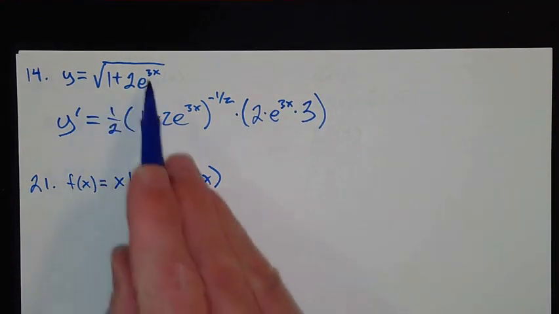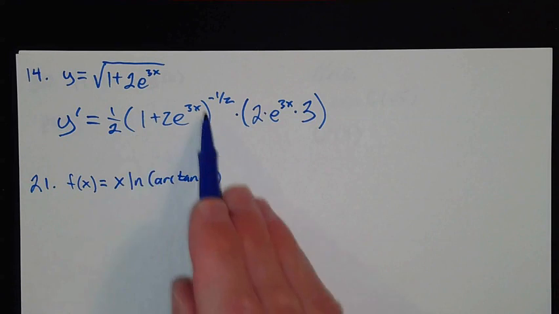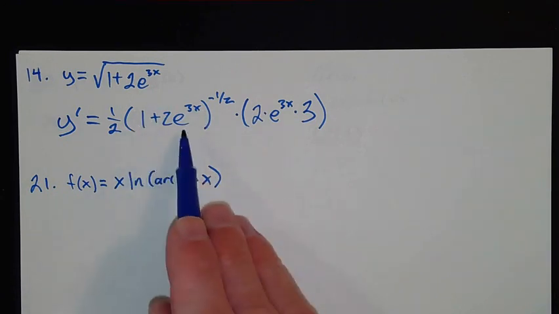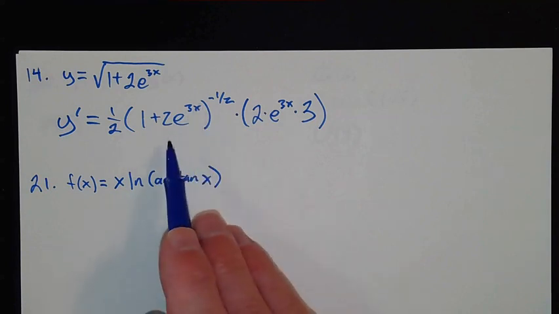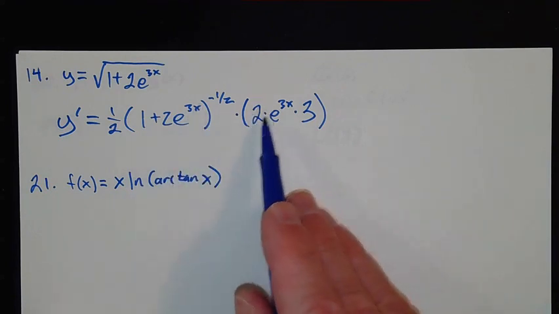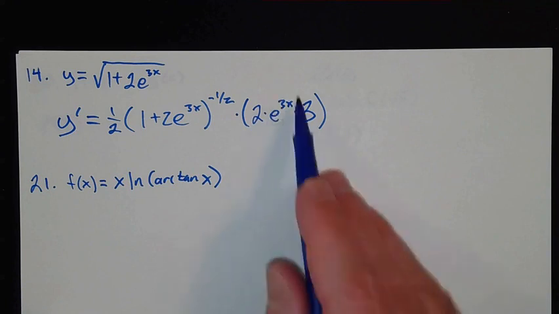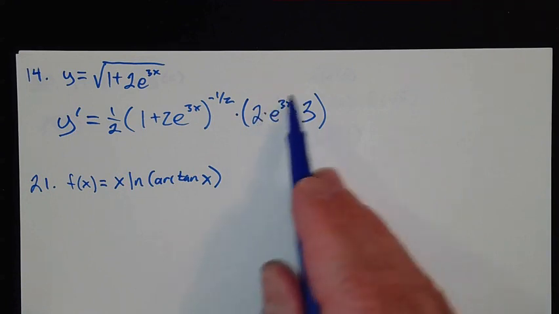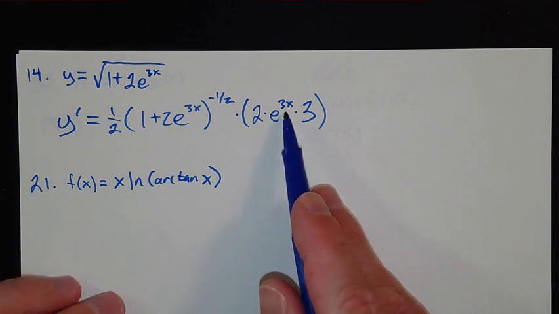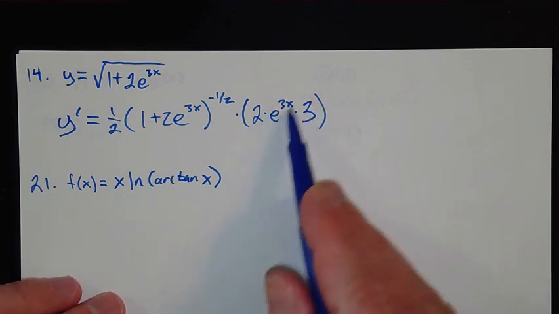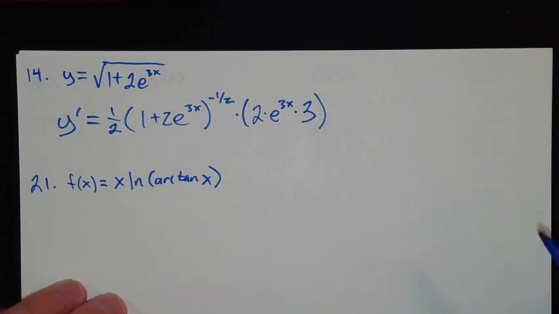So the first stuff inside is this 1 plus 2 e to the 3x, and then the derivative of a constant plus a constant times e to the 3x is just 2 times the derivative of e to the 3x, which is e to the 3x. I mean, the derivative of e to the whatever is e to the whatever times the derivative of the whatever. In this case, the stuff inside is 3x, so its derivative is 3.